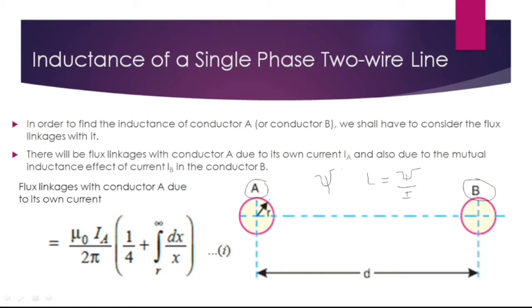Whenever you need to calculate the inductance of A, this psi value depends entirely upon the internal flux and the external flux. In the previous videos, you have concluded the flux linkages of the internal flux and the flux linkages of the external flux. The summation of these two gives the total flux linkages value.